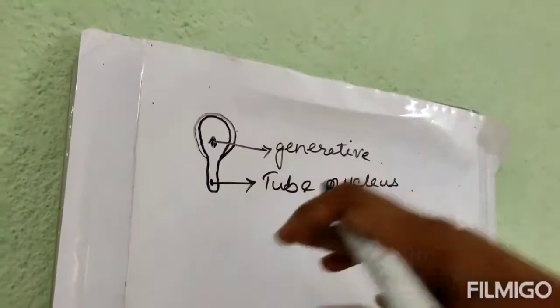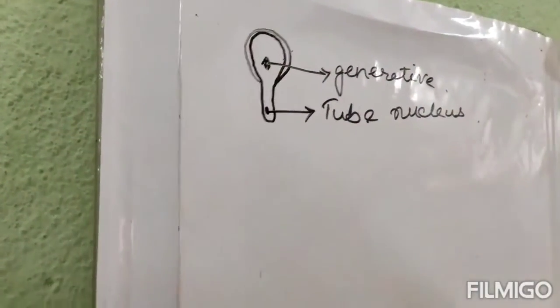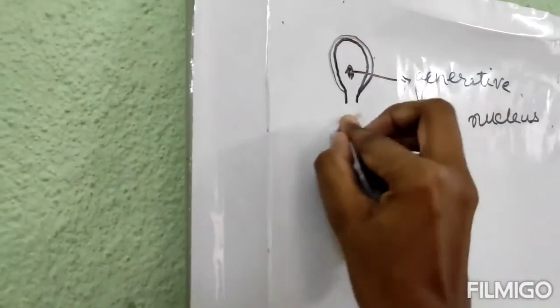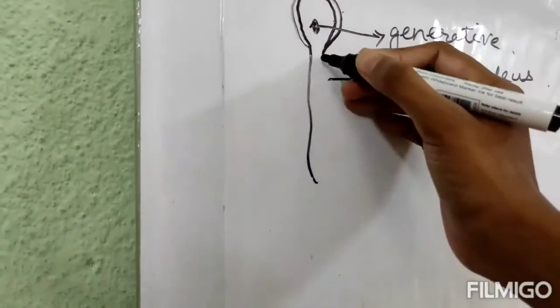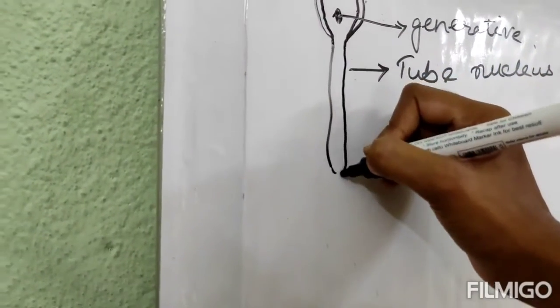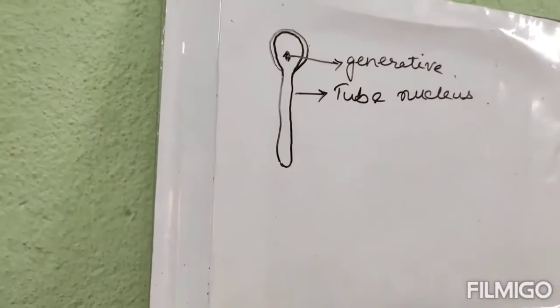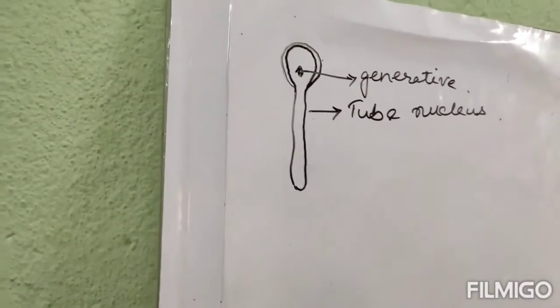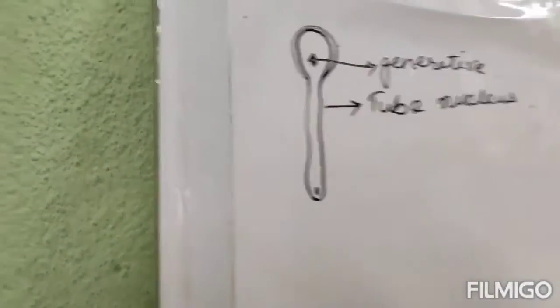Now this pollen tube will continue to grow to become long, until it reaches the ovary to fertilize the egg. And there will be the tube nucleus. What will happen to the generative nucleus?